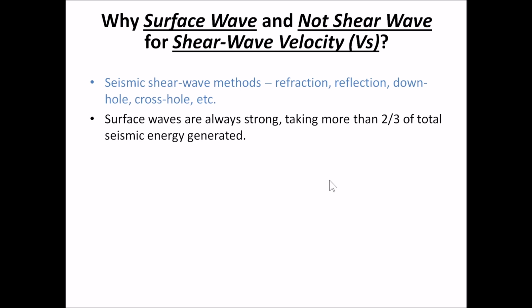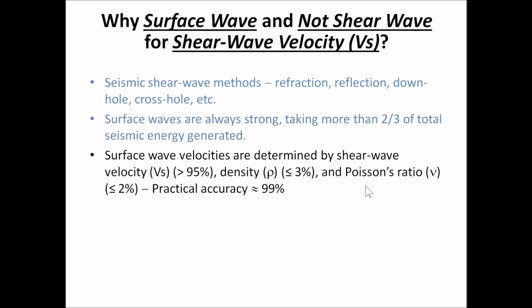And therefore, analysis results are unreliable. On the other hand, the surface waves are very, very strong, always taking more than 2/3 of total seismic energy generated. What that means is the surface waves are very easy to generate and record in the field with a very high signal-to-noise ratio, making the subsequent data analysis very simple and effective.